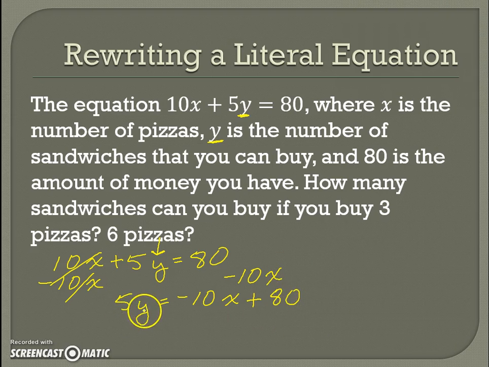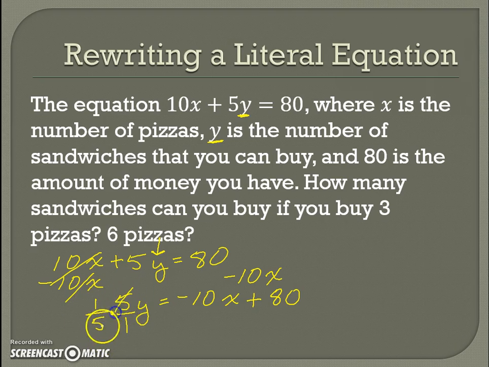Here I have 5 times y, so I need to think, how do I undo multiplying by 5? I could divide by 5, or because I'm going to be doing some multiplication, my preference is to multiply by 1/5. This has to do with what we looked at a couple sections ago: 5 is the same thing as 5 over 1, and dividing by the fraction 5 over 1 is the same thing as multiplying by its reciprocal.